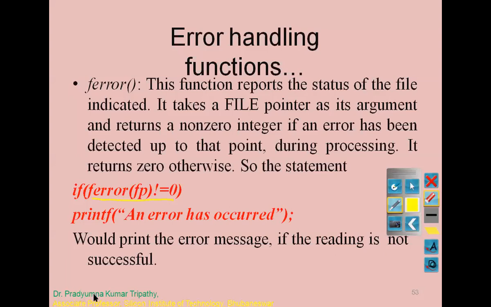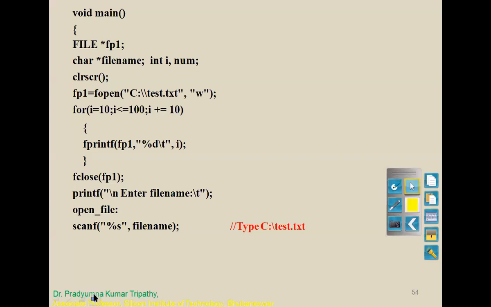Okay, this is an example over here. I have numbers from 10 to 100 input into the file. Then I enter a file name, and the file name is the variable that you have taken, a character star file name. So we have inputted the file name. I can input the file name in this way also, C:// in that way also.